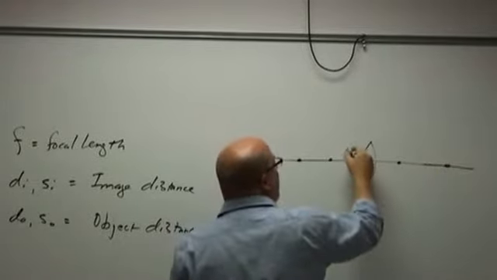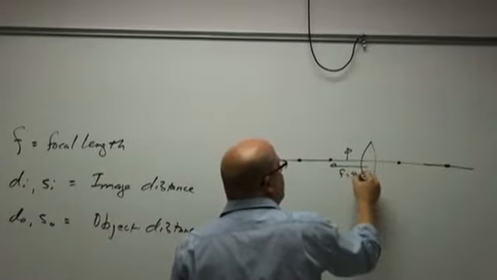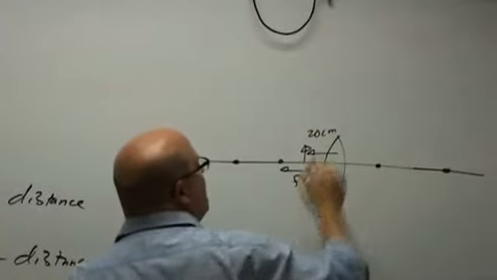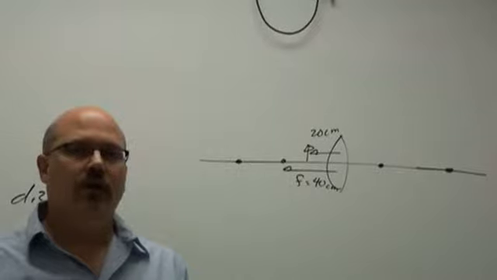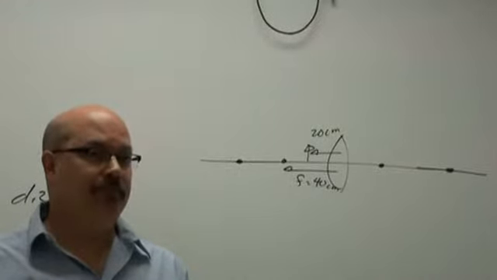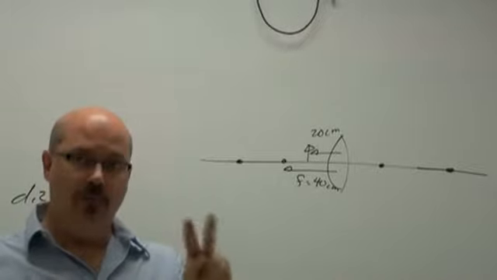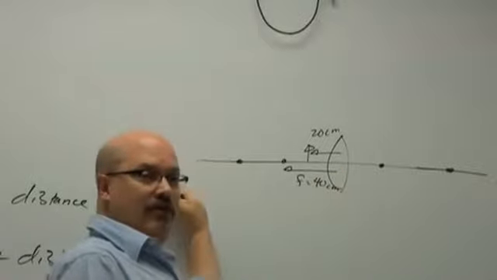If I place an object right here, if the focal length is 40 centimeters and I place my object 20 centimeters from the lens instead, what kind of image will I get? I will get a virtual, upright, larger image, over here.